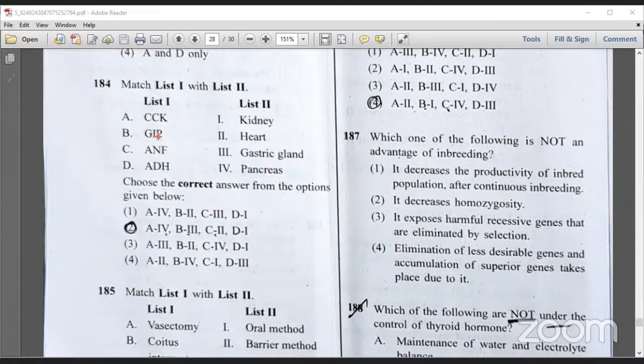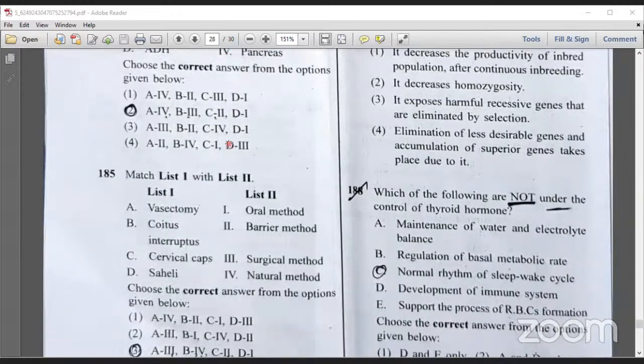ANF, atrial natriuretic factor, is related to the heart. C2, you got the answer there. CCK, pancreas. GIP, gastric inhibitory peptide, gastric glands. ADH, it is from kidney.